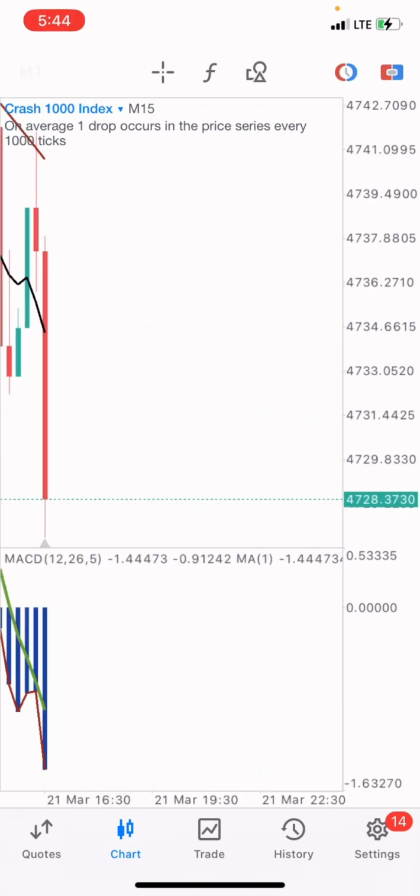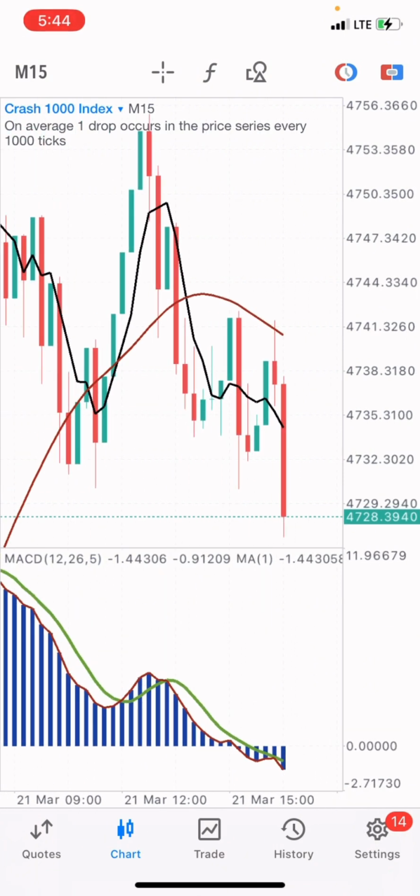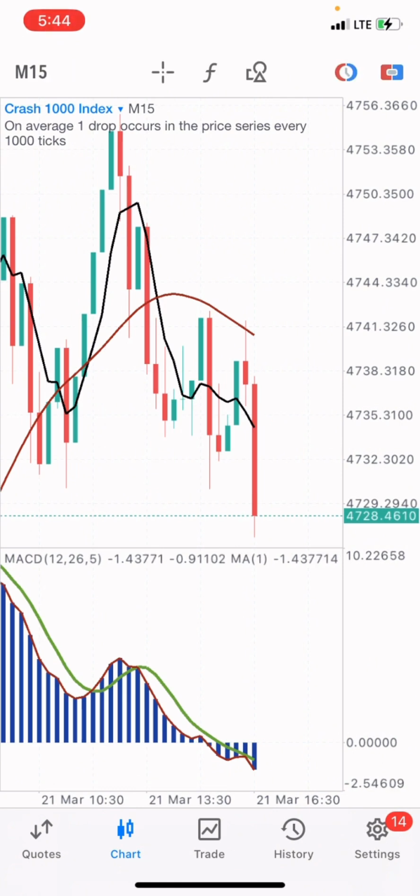Simply go to the 15 minutes possibly and look out for bullish closing prices, right? So in this case, I've not seen a strong bullish closing price, but the current candlestick is closing in 1 minute, right?